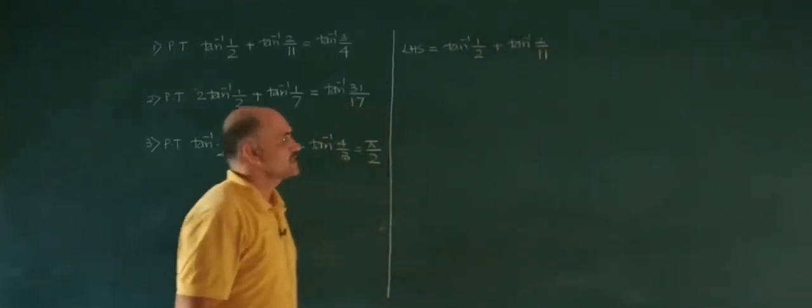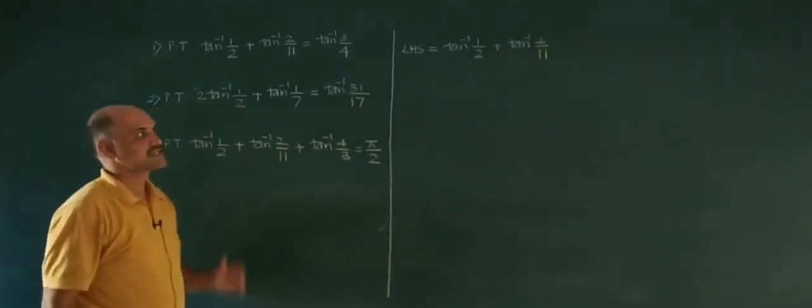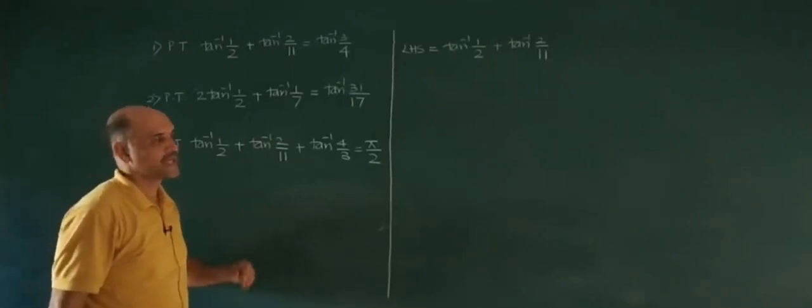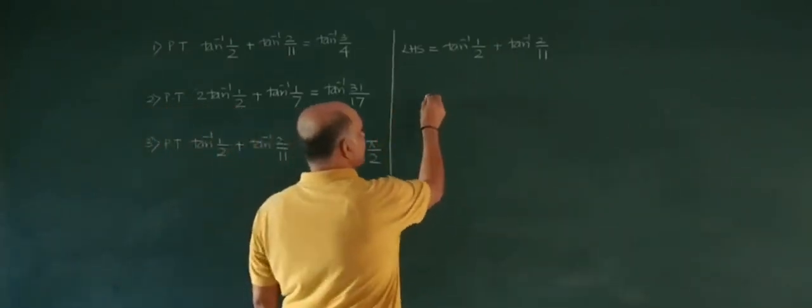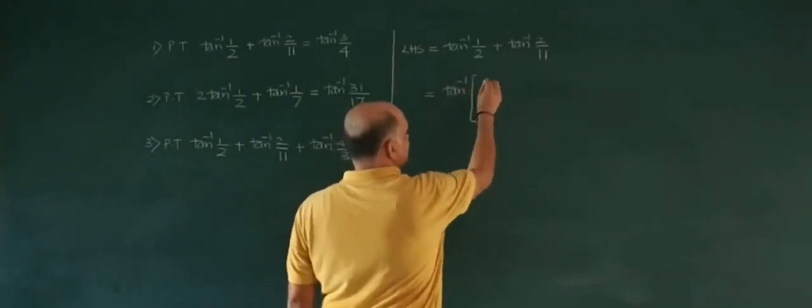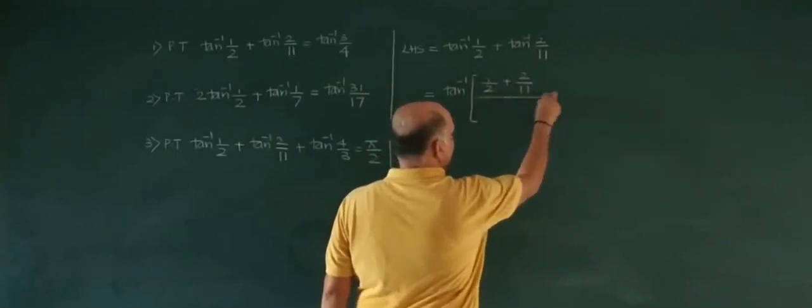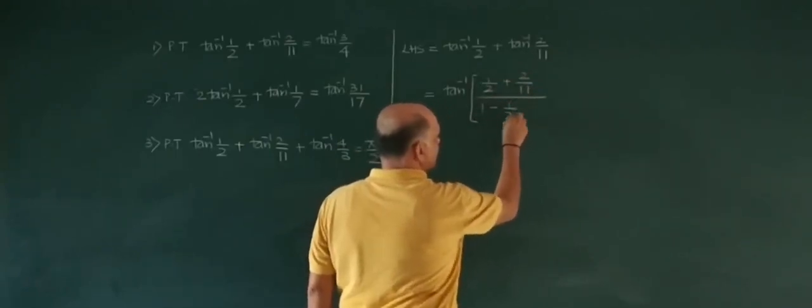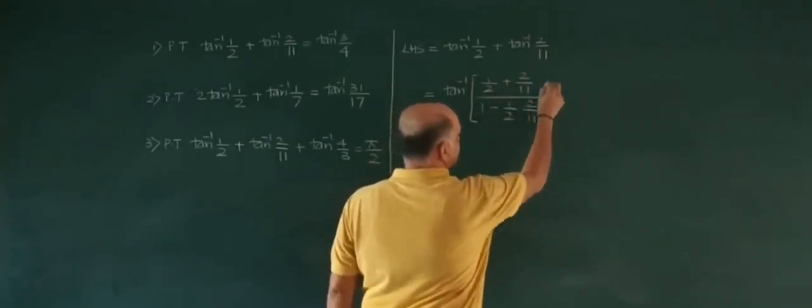If you see, it is in the type tan inverse x plus tan inverse y. So apply that formula. Tan inverse x plus tan inverse y is tan inverse of x plus y divided by 1 minus xy.